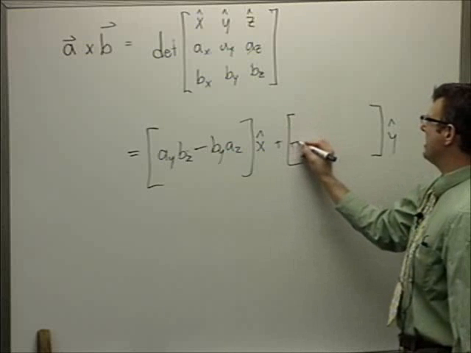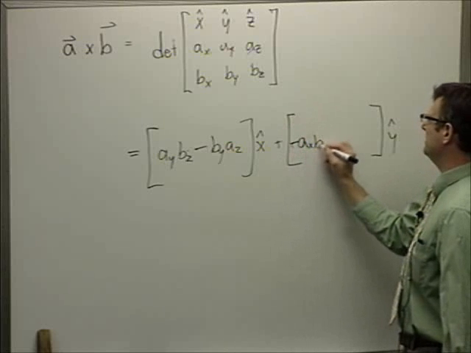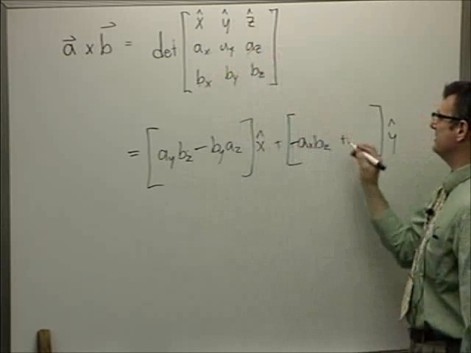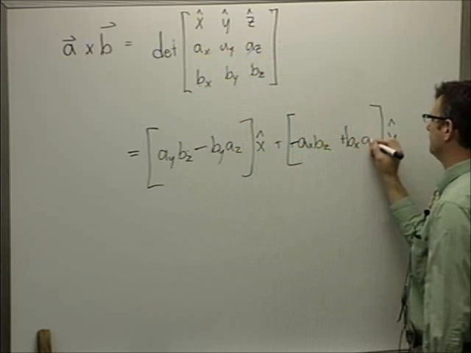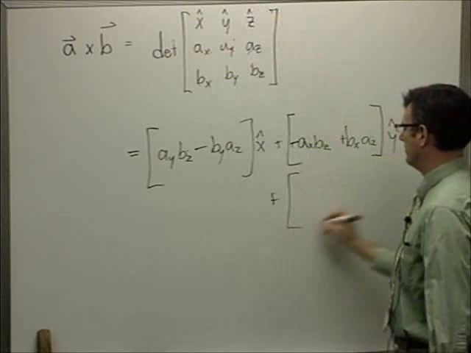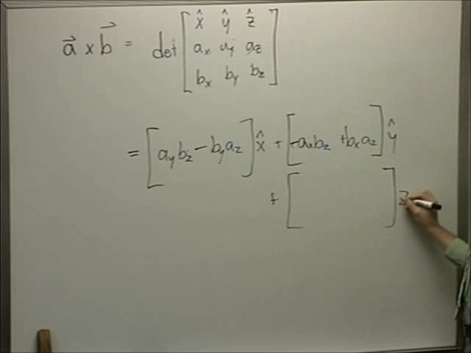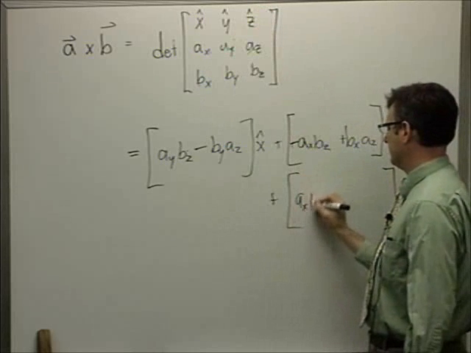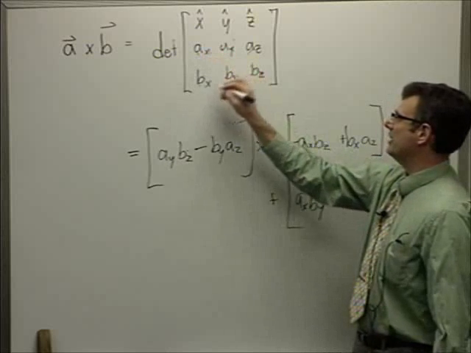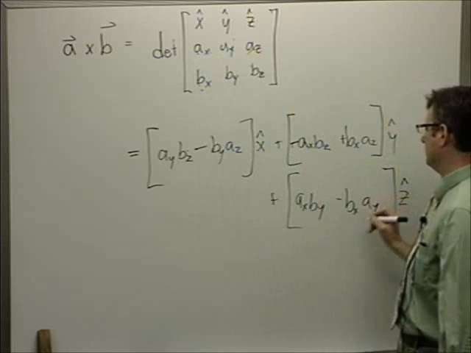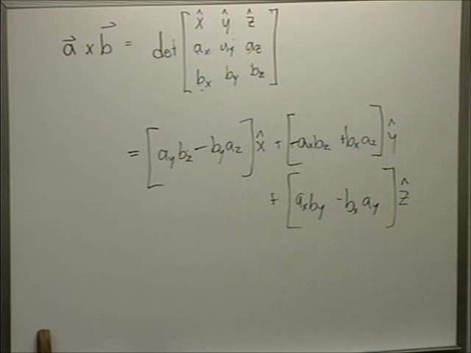So let me put a minus ax bz plus bx az. And then I got to do the last one. ax by minus bx ay. So that's how you would compute it if you're just given 2 generic vectors.